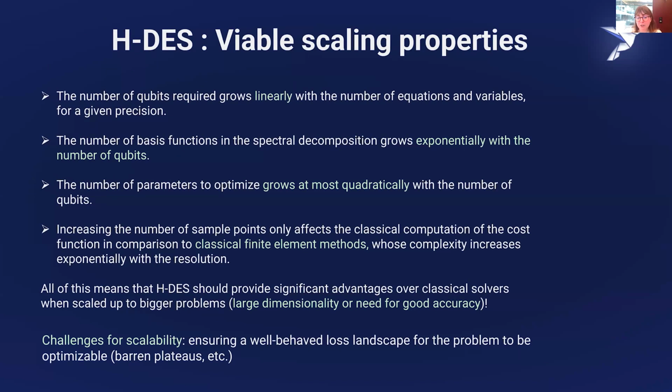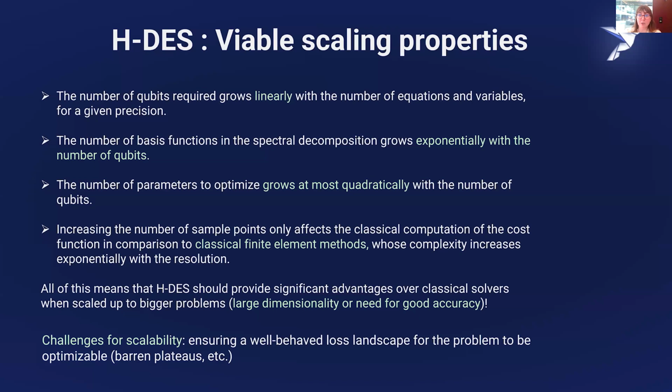So one question that might come up is, for the results I'm going to show you in this talk, most of them are easily computable with classical computers that we already have. So why are we interested in going to all this trouble with a hybrid quantum algorithm to replicate the same results? And the answer is basically because of HDES's scaling properties. So I told you at the start of this talk that for classical simulation problems, we have an issue which is known as the curse of dimensionality.